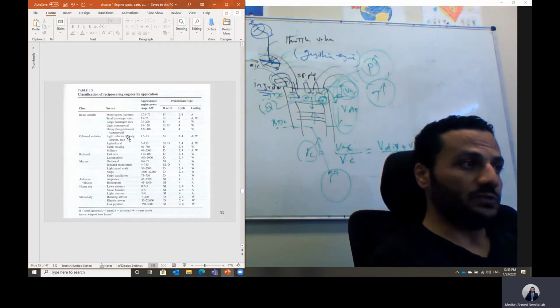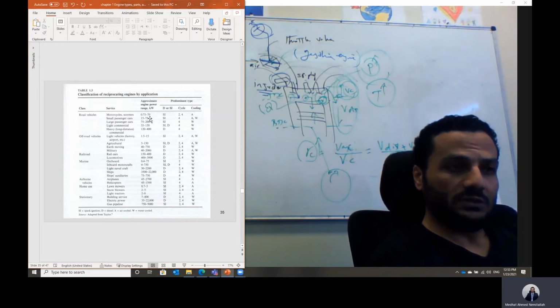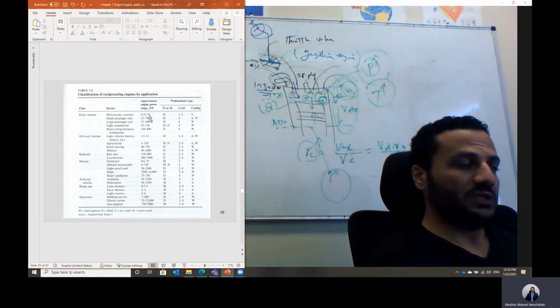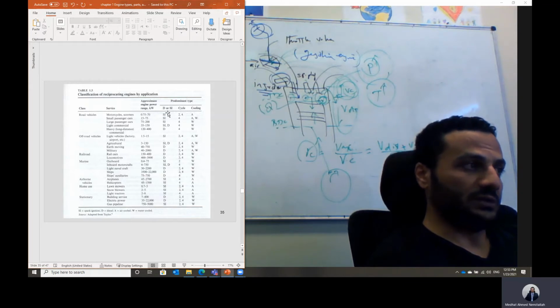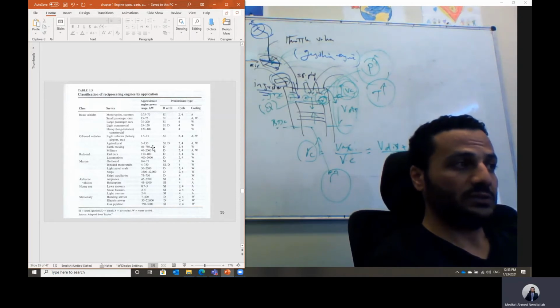So in this case, we use a diesel engine for heavy duty, but for small to medium duty, we can use the spark ignition engine. You can look here, either spark or diesel engine, depending on the application, and it can be air-cooled. Air-cooled is used in small engines, like the motorcycle.